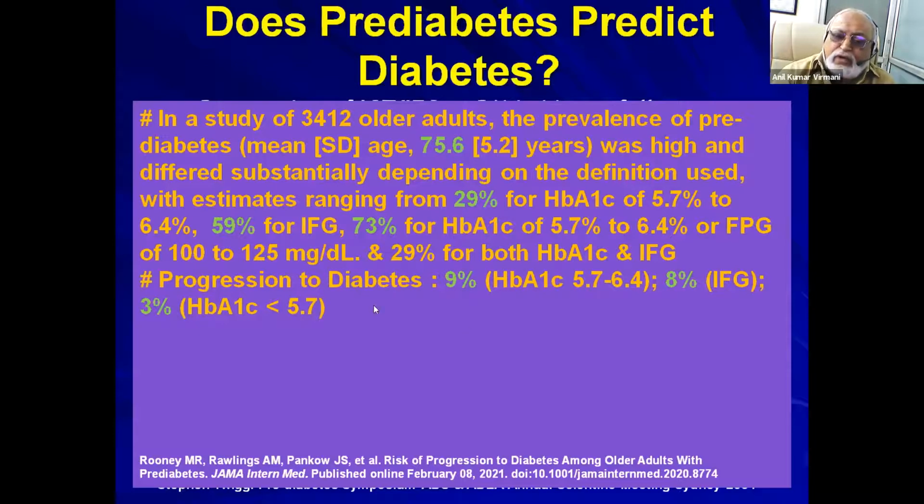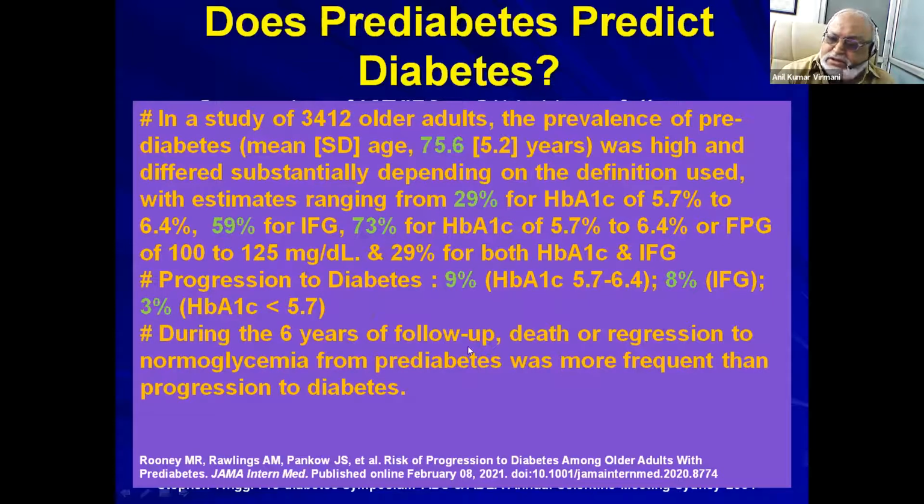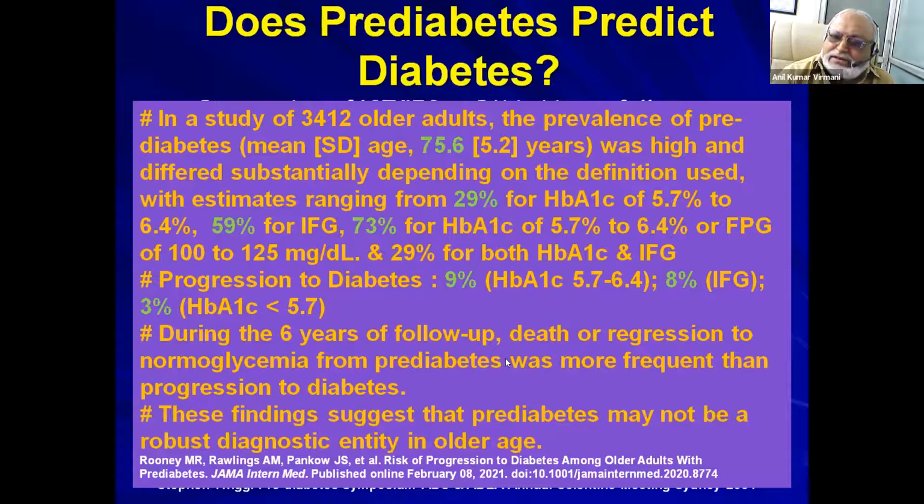But the progression to diabetes was, look, only between 3 to 9%. So despite a high prevalence of prediabetes in the older age group, the progression to diabetes is almost insignificant. During the 6 years of follow-up, death or regression to normoglycemia from prediabetes was more frequent than progression to diabetes. So they suggest that prediabetes is not a robust entity in older age.